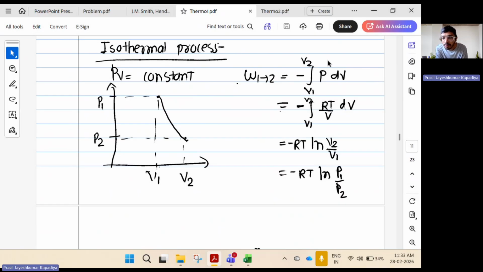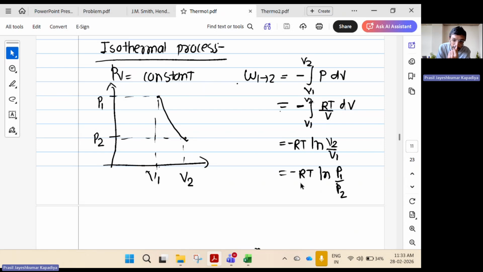So minus integral from V1 to V2, where P is RT by V, dV. So minus RT ln V2 by V1. For an isothermal process, PV is constant, so P1 V1 is equal to P2 V2. So I can replace V2 by V1 as P1 by P2.